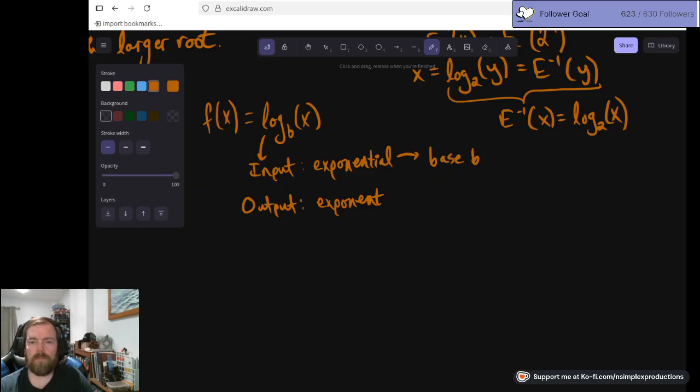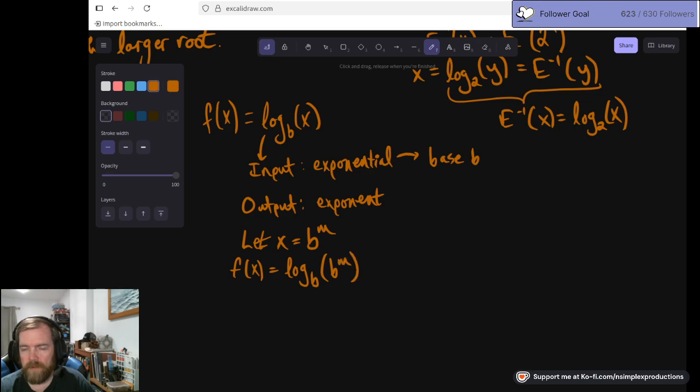So, if we let x be equal to b to the mth power, for example, then f at x is going to be equal to log base b of b to the m.